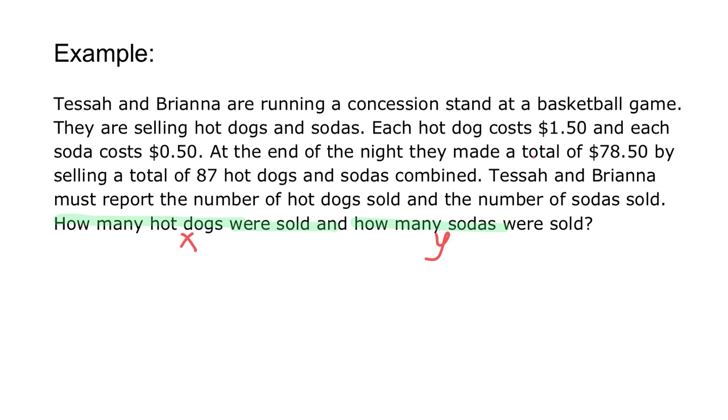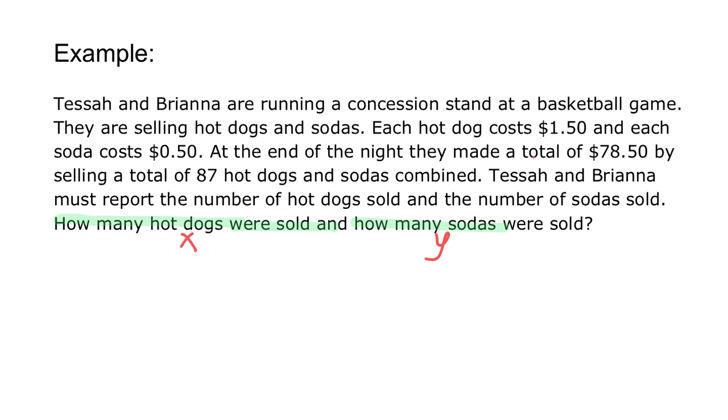Now, the upper part of this is going to set up differently because they don't show us information about only one thing or only another thing. They show us that each hot dog costs this, each soda costs that, the night they made this, and they sold this many items. So we have a lot of stuff that's mixed up here.